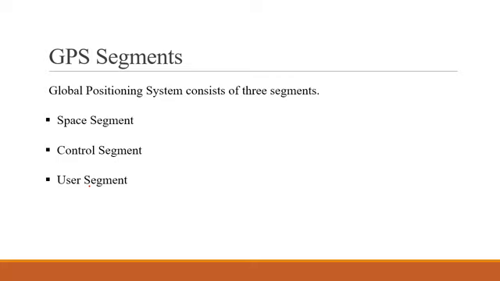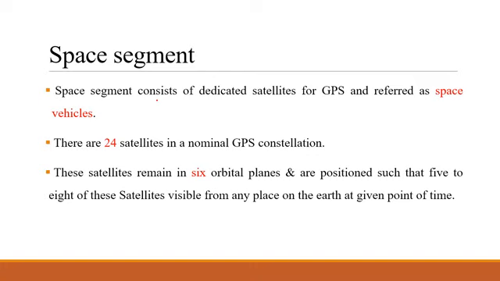So coming towards the first point of a GPS segment, which is the space segment. Space segment consists of dedicated satellites for GPS and referred to as space vehicles. For example, this is the Earth, and above the Earth's surface, this whole region is known as space.